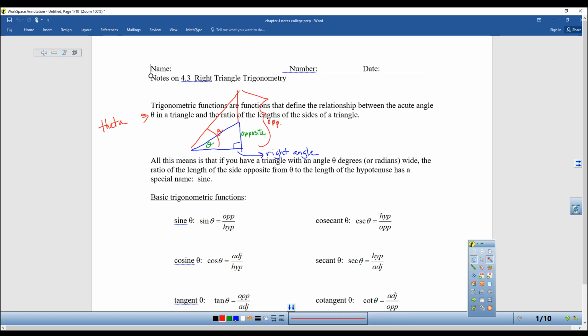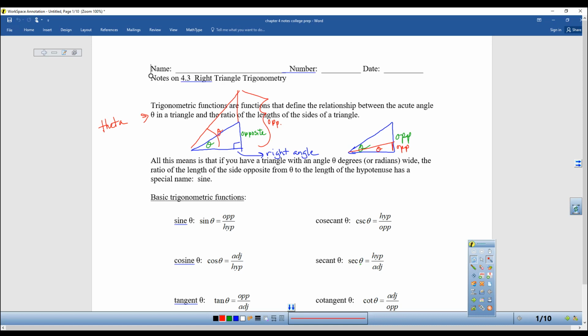Or maybe you start with the same basic triangle, and this is your theta, and this is your opposite. And maybe you make theta smaller. If theta is smaller, then this opposite side also becomes smaller.